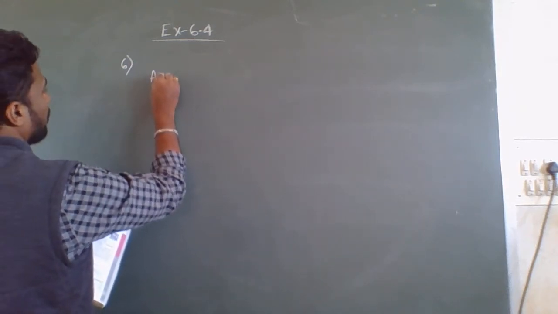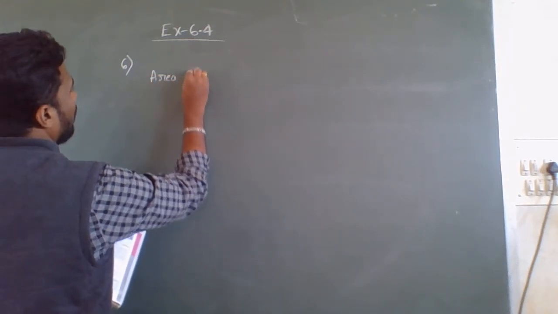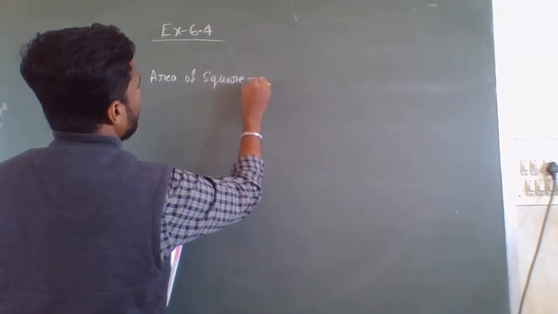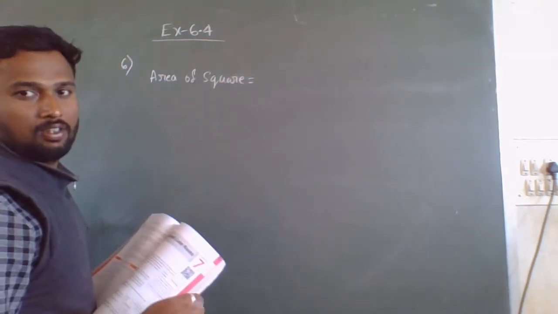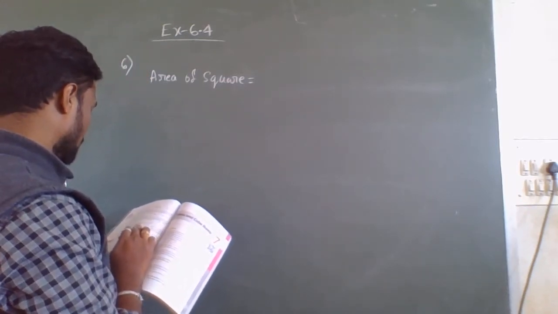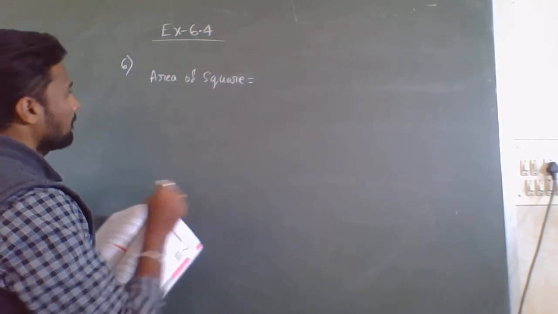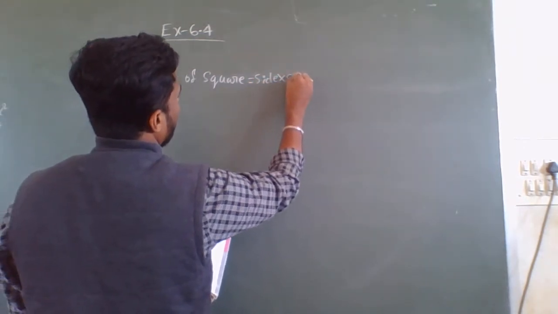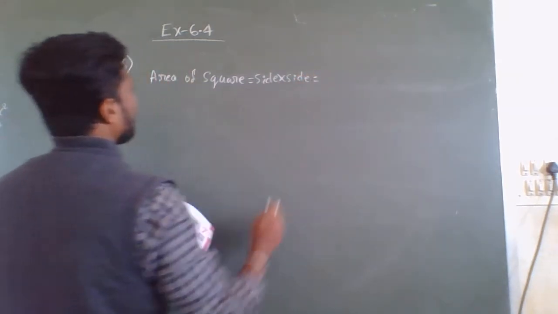Area of square equals to, what is the formula? Side into side. So if I consider side into side, I will write area of a square.